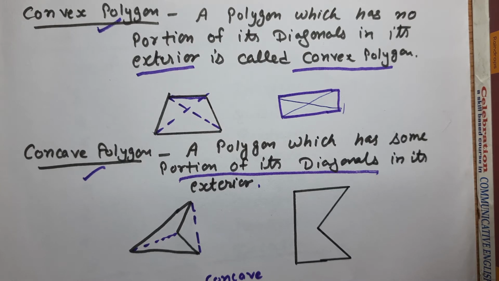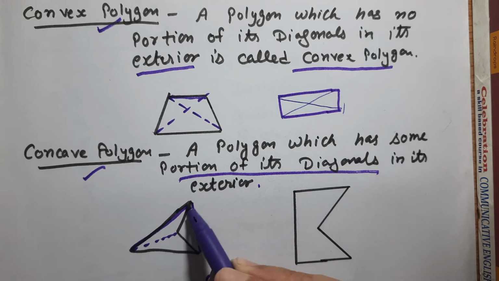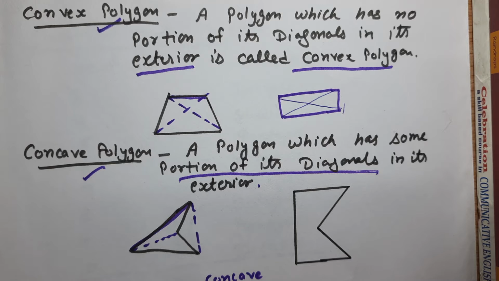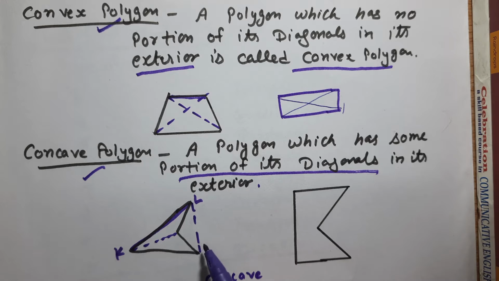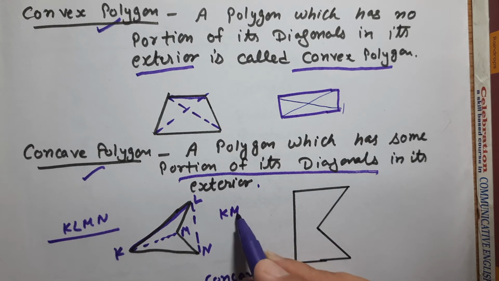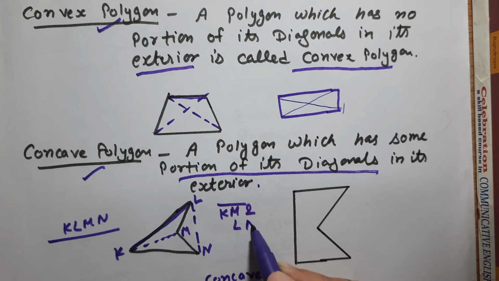Now it is better to understand this part. Here in this given figure, K, L, N, and this point is our M. The figure is KLMN and the diagonals are KM and LN.